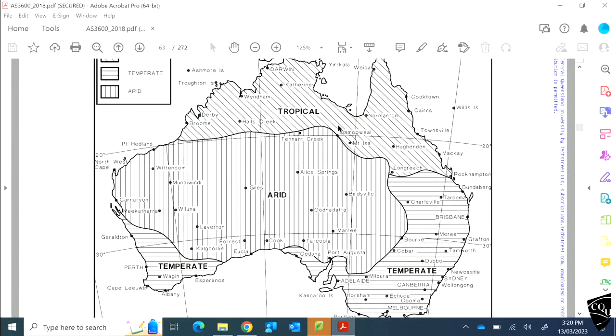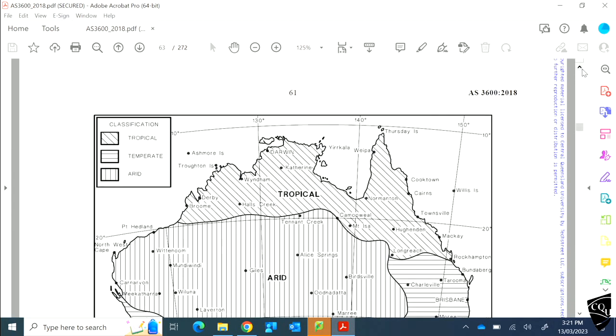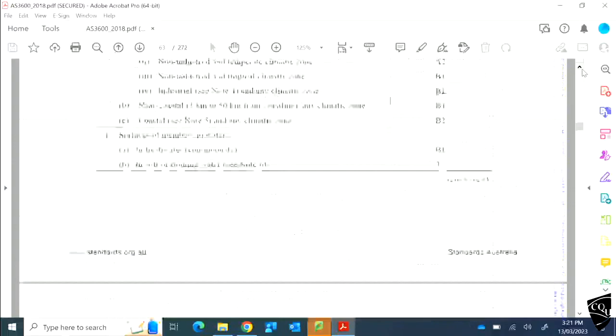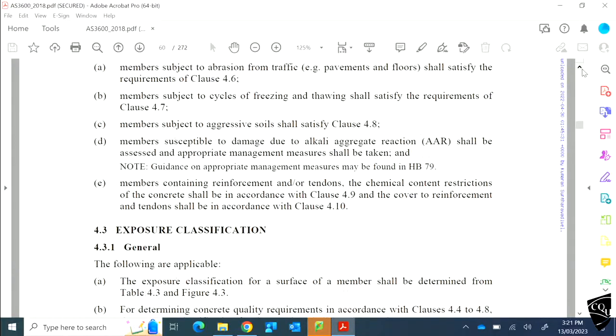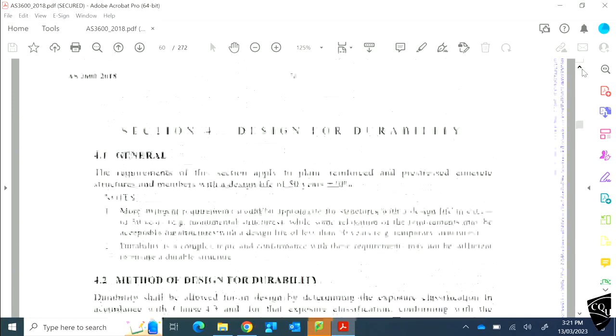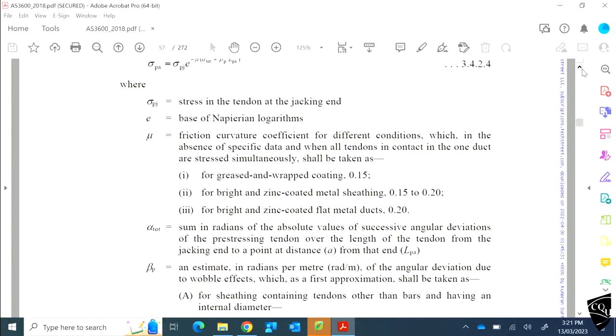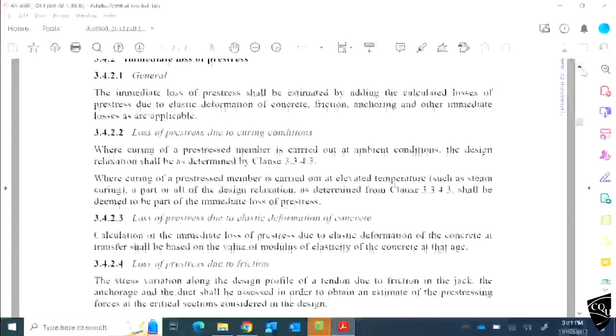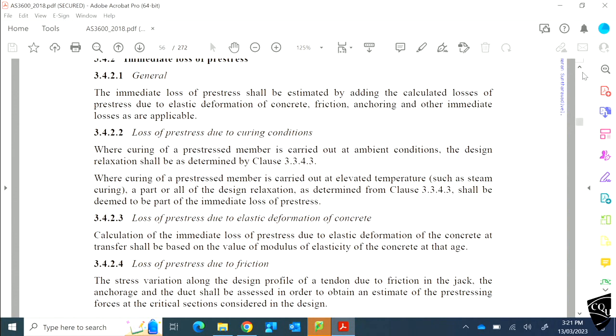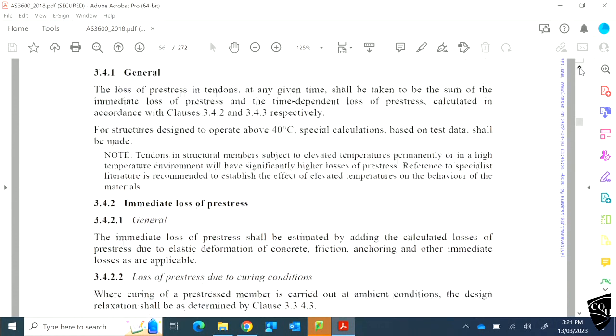So tropical areas, temperate zone, arid environment. So this is for the external exposure. Okay, so it depends on the location. If you are talking about something exposed to the exterior environment, then you should look at the locations and everything, and then we should be able to use the correct K4 value.